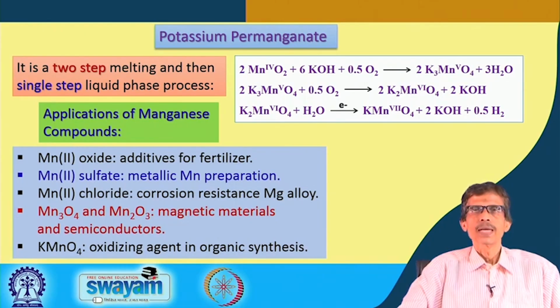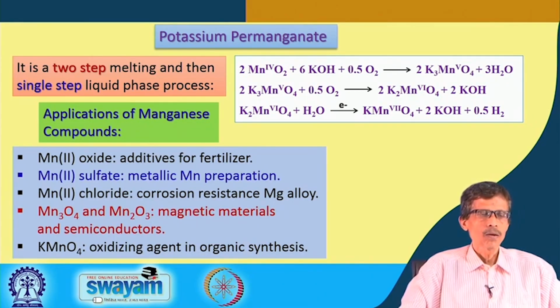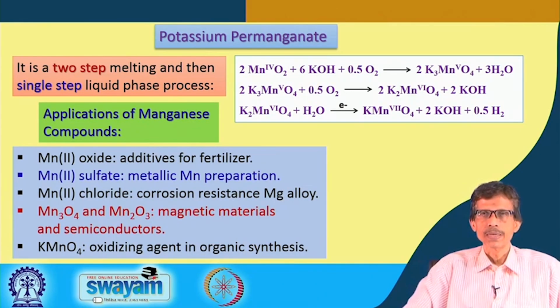So if you take manganese(II) sulphate, MnSO4, along with H2SO4, that is the medium where you can go for electrolysis, and manganese(II) sulphate can be reduced. Protons can also be reduced to hydrogen. So for preparing metallic manganese, we can use manganese sulphate very well.